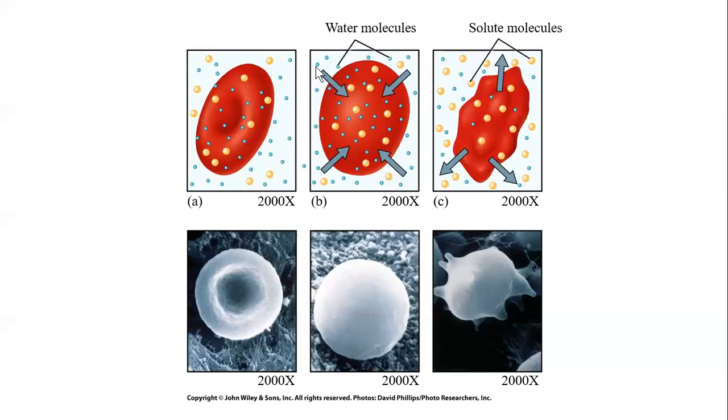That is because we changed the solution. So in panel B, the solution is hypotonic, low salt. When the solution outside the red blood cell has lower salt than inside the red blood cell, water molecules always move to a place of high salt or high solute. In this case, inside the red blood cell.